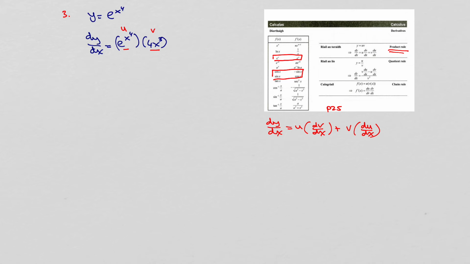So I'm going to say u is e to the x to the power of 4, and therefore du dx is e to the power of x to the power of 4 times 4x cubed, again. And v is equal to 4x cubed, so dv dx is 12x squared. So bring down the power, take 1 away from the power.